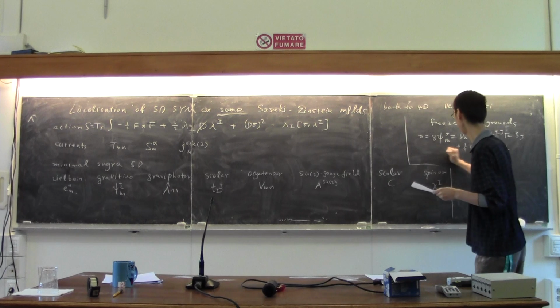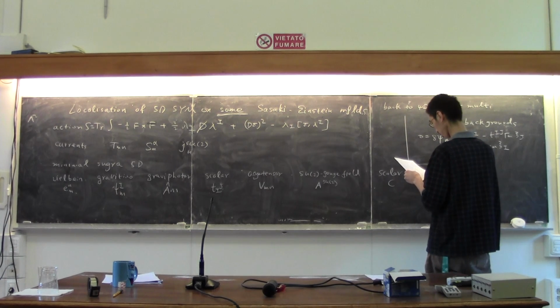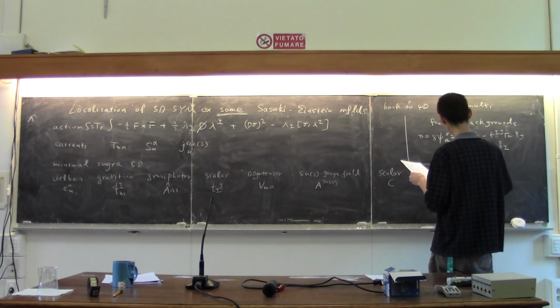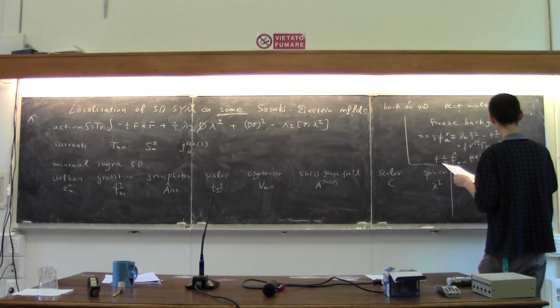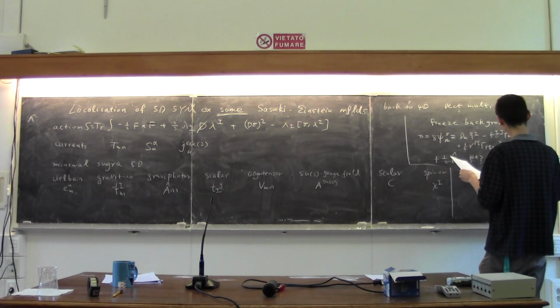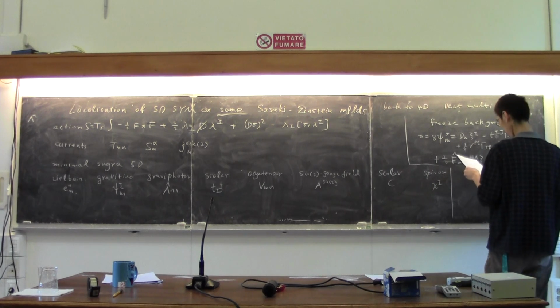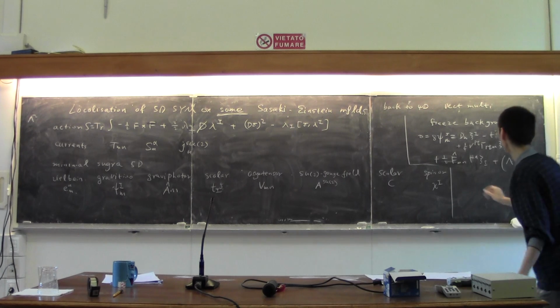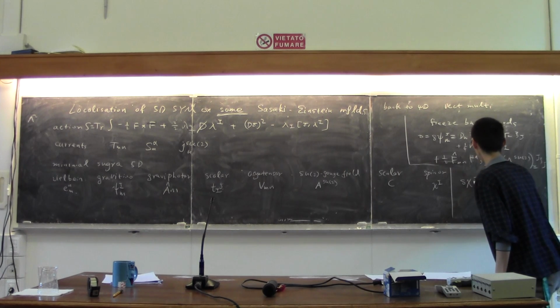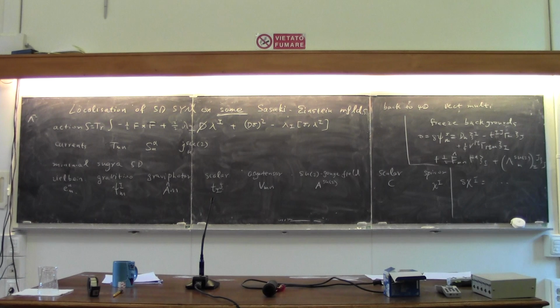Okay, so it's a bit long, and then delta psi is equal to, I'm going to write it. So let's just look at the right-hand side of the SUSY variation of the gravitino.